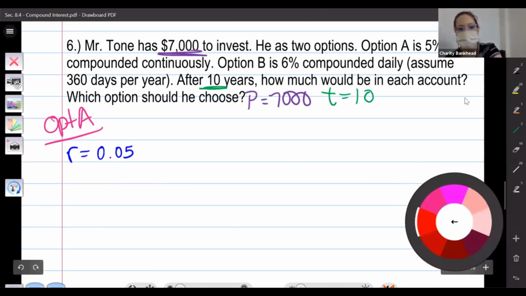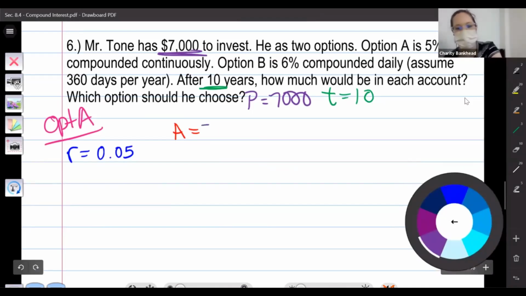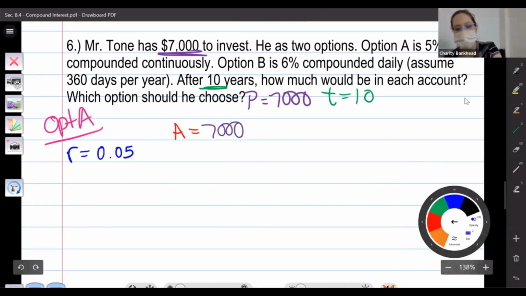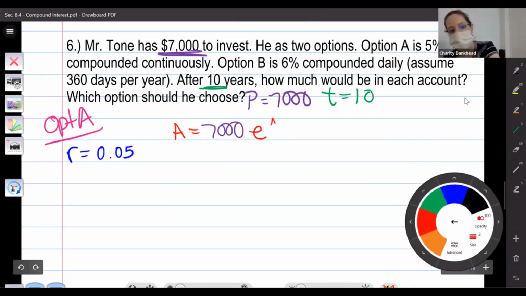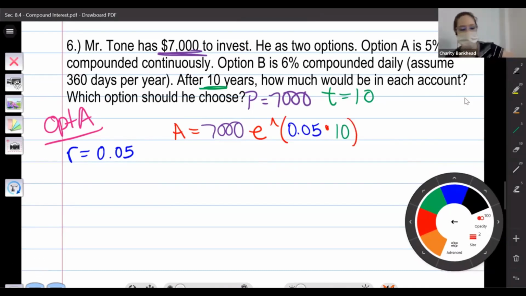It's compounded continuously, so we're going to use that last formula that we just talked about, which is A equals 7,000 times e to the power of 0.05 times t. And then we would just plug that into the calculator.